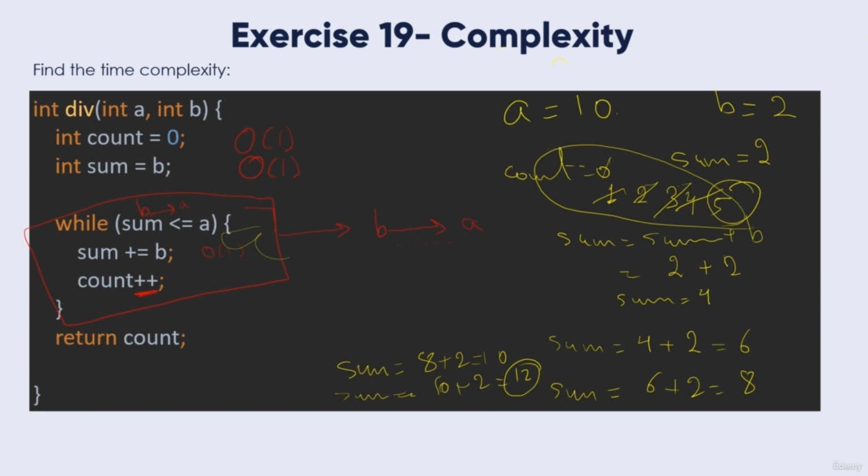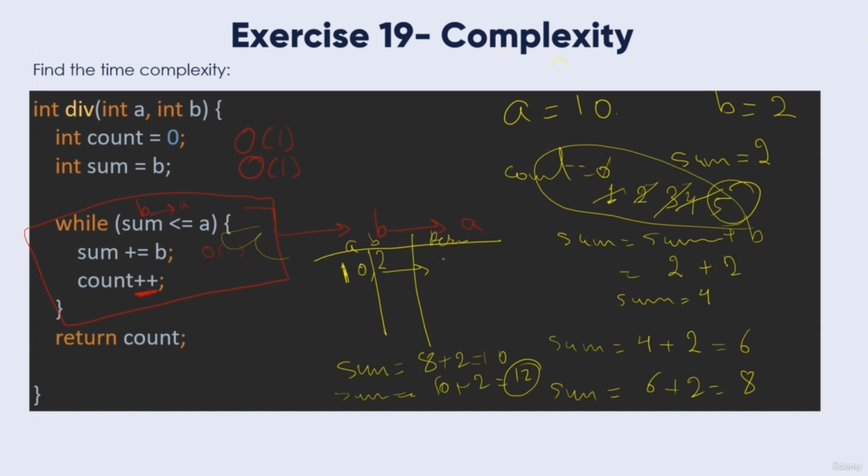As I told you, time complexity questions are related to the examples that you took. So always take an example to see and solve the algorithm, a pattern. So when a equal to 10 and b equal to 2, let me put here a, b, and the result of it.